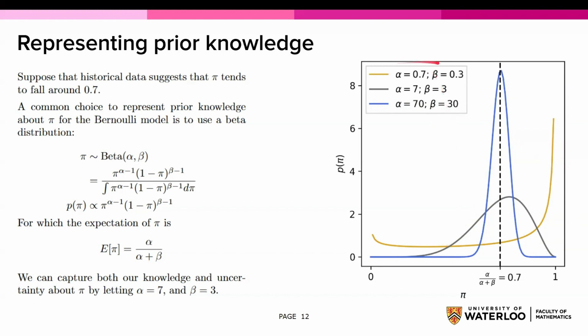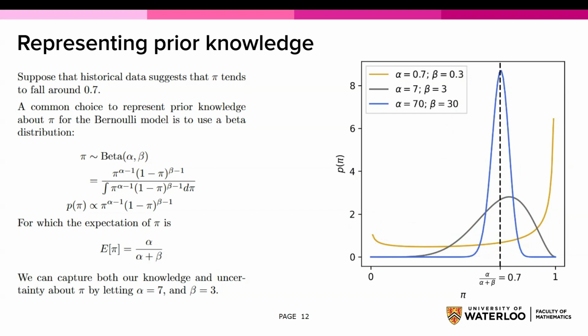On the other hand, if you shrunk alpha and beta down to something like 0.7 and 0.3, you'd get a distribution that's still centered at 0.7, but now has a bowl shape and actually has some bimodality.